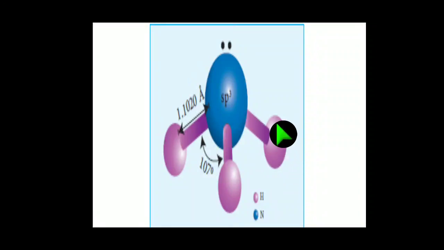The rose colored ball denotes hydrogen. So for nitrogen and hydrogen, the bond distance is 1.016 Angstrom. The bond angle is 107 degrees. The hybridization is sp3.